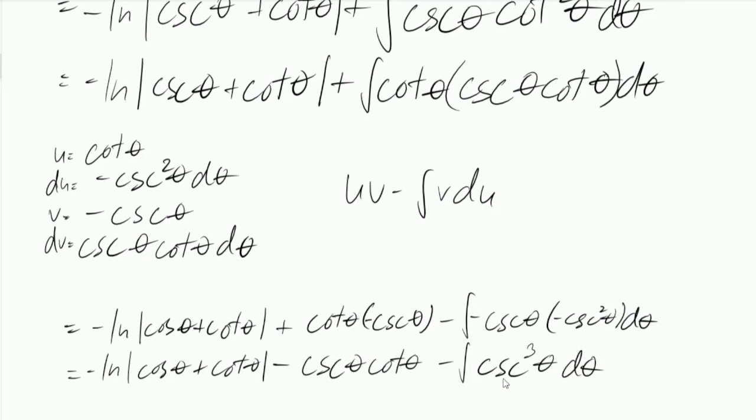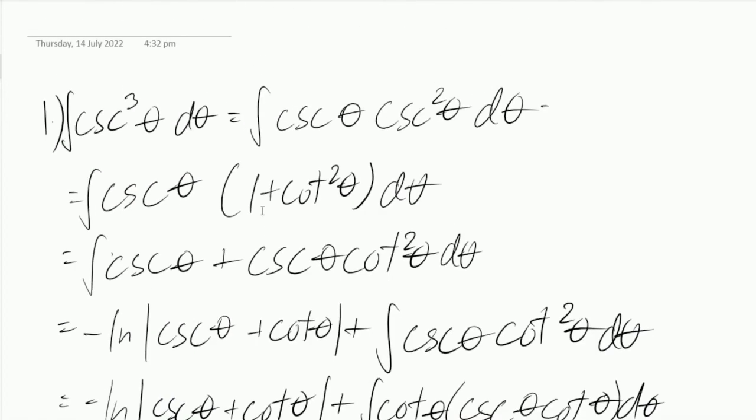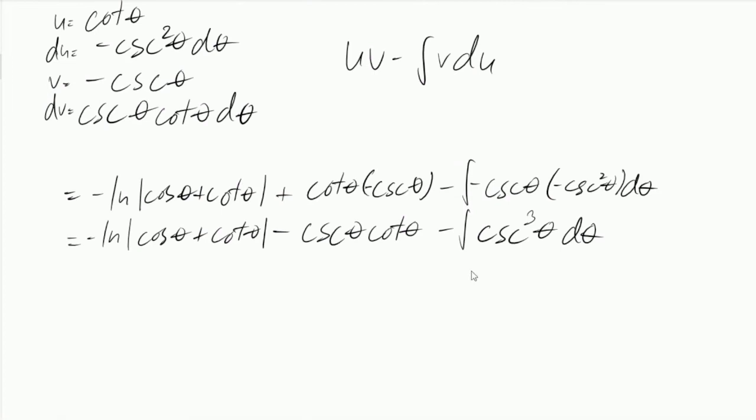So as you can see, this integral here is the same as the original integral, cosecant cubed theta d theta. So first we must copy all of it to proceed.